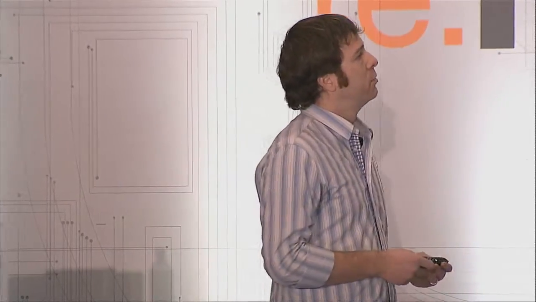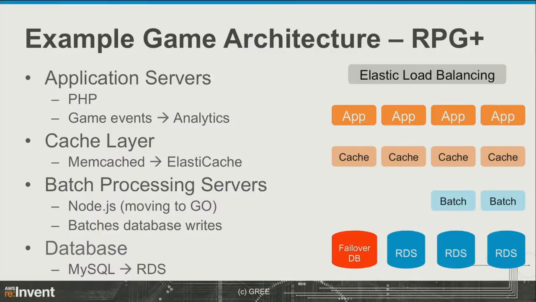So I want to run through our typical game architecture. This is our oldest architecture, where we make heavy use of ElastiCache. This is our role-playing games architecture. Fairly standard if you've worked in a LAMP stack environment. Application servers behind elastic load balancers here, and these are PHP-based app servers.